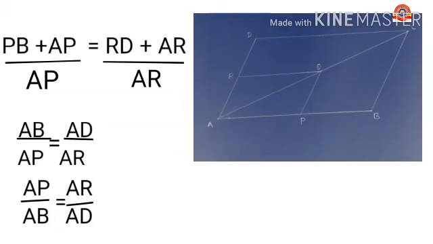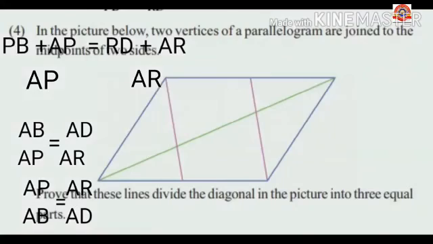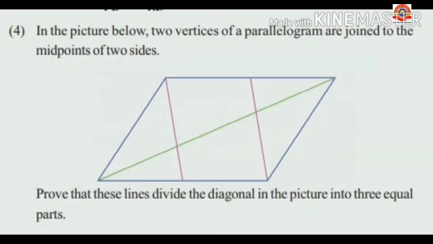That is, PB plus AP by AP is equal to RD plus AR by AR, which is equal to AB by AP is equal to AD by AR. If we reciprocate, we get AP by AB is equal to AR by AD. Hence it is proved, right? Shall we move to the fourth question?